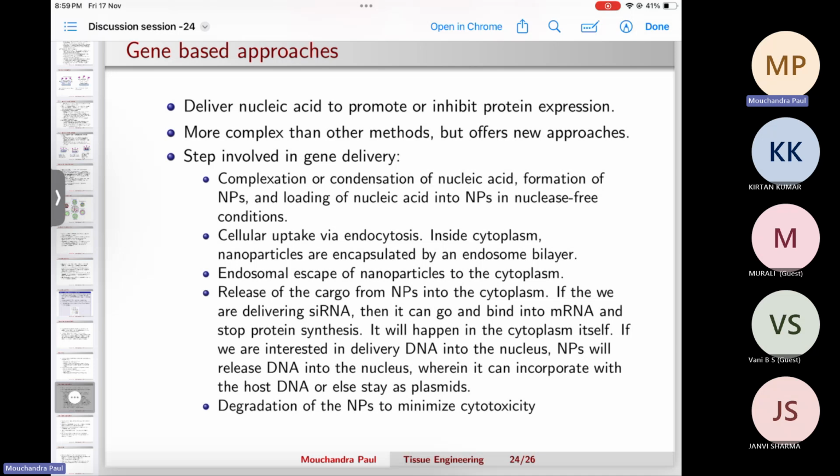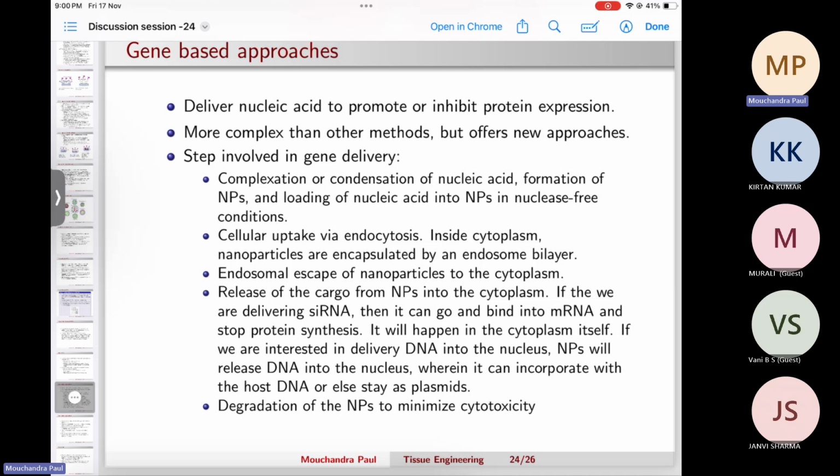So if you're using siRNA, then you will want the nanoparticle to release those siRNA in the cytoplasm itself. Otherwise, if you're using DNA, which directly encodes the protein, say, then you have to go into the nucleus. And the last step would be that your cargo is released.